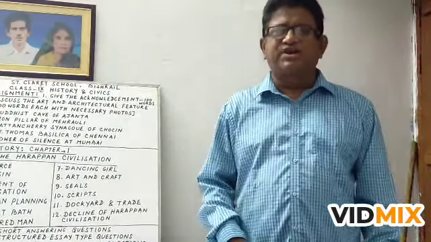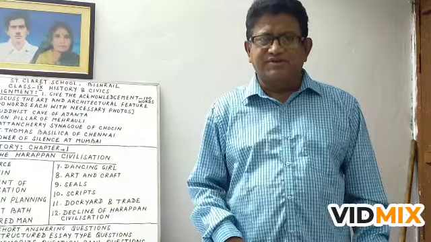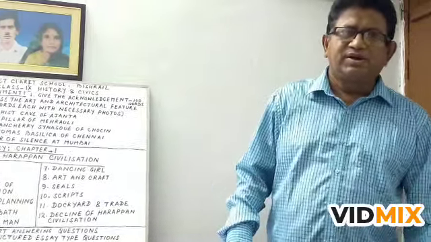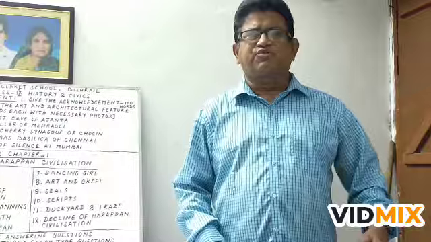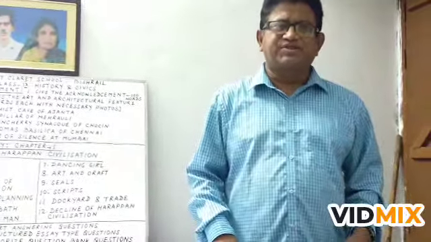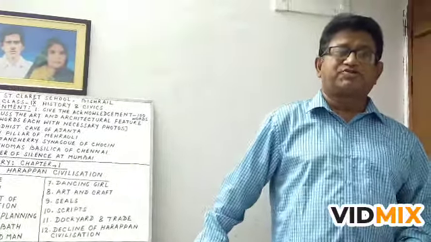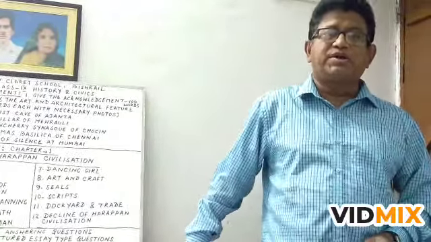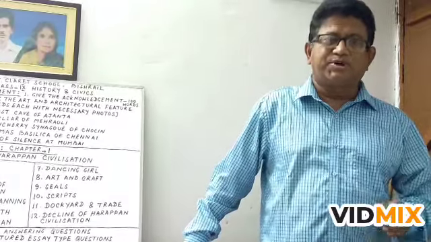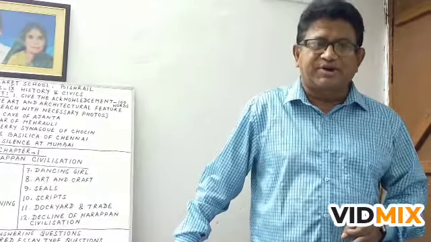History actually deals with events and dates. Let me give you an example. We are Indians, we cannot forget this date, 15th August 1947. Because on 15th August 1947, that means nearly 75 years ago, we got independence. I repeat once again, we got our independence.